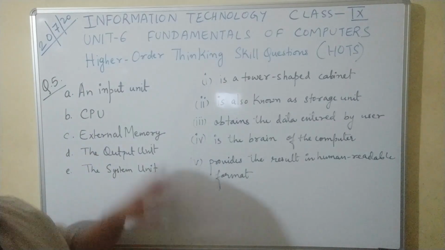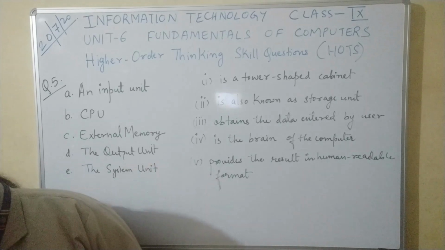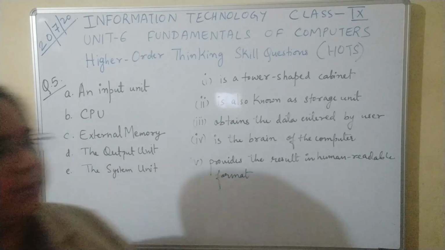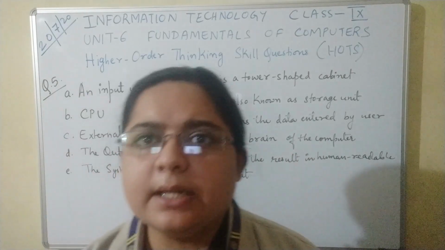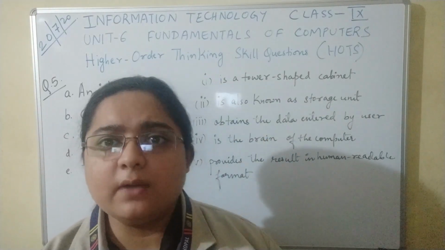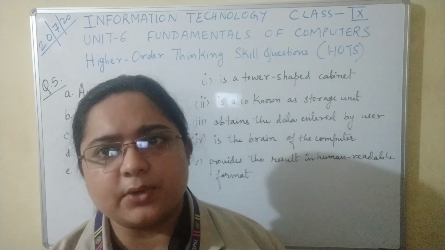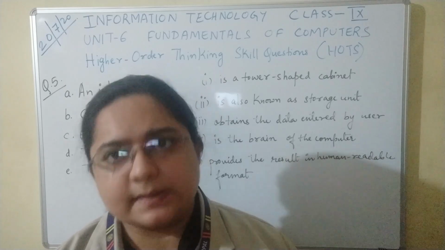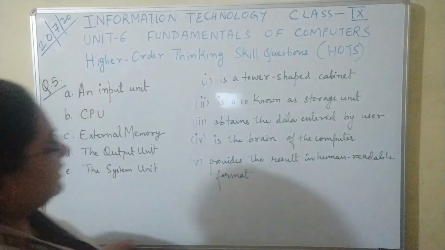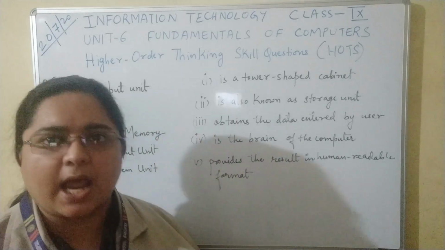I have taken the HOTS questions from page number 120 given in my book. In your books it could be different. These HOTS questions you will find in the solved HOTS questions section, in the solved question sections of your chapter 6. Out of that I am going to take up question number 5, 6, 7 and 8.